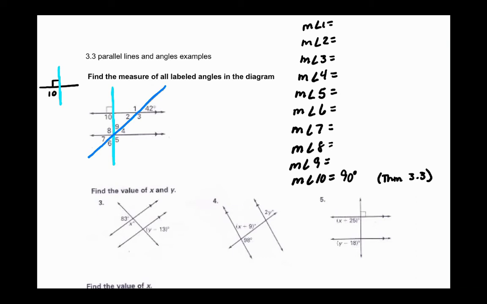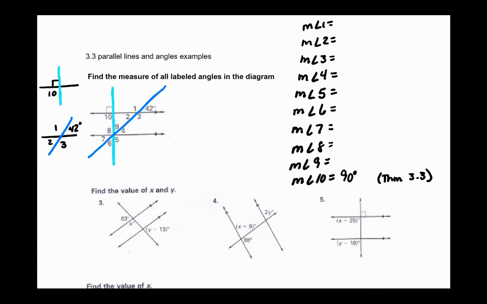The next set that I'm going to look at is that same parallel line with the second transversal, and at this location we have angles 1, 2, 3, and 42 degrees. Now, this does not use our new information. This is our information from chapters 1 and 2 with vertical angles and linear pairs.